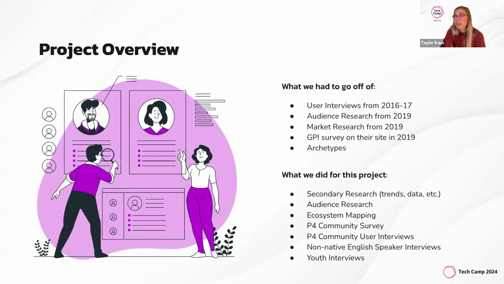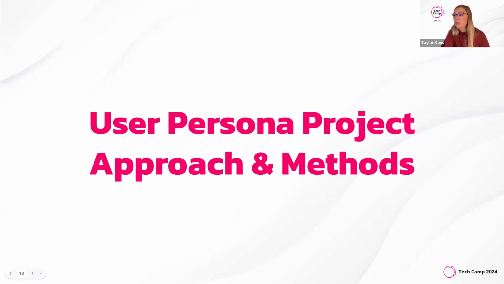For the project overview, what we had to go off of were user interviews, audience research, market research, a GPI survey that was launched, and the archetypes that I mentioned, all of this largely going until about 2019. What we did for this project included secondary research, audience research, ecosystem mapping, a community survey, and several different interviews. Next, we will talk about our user persona project, approach, and methods.